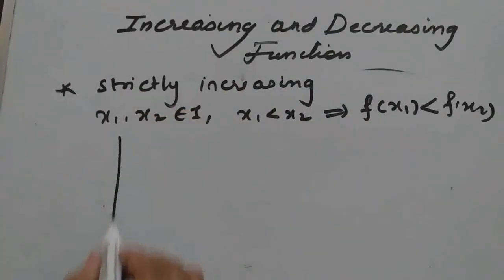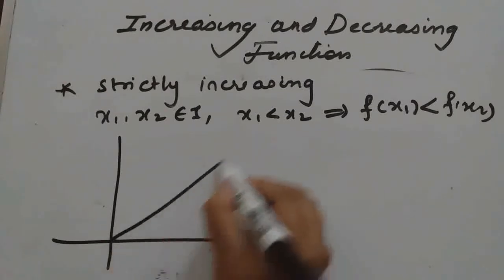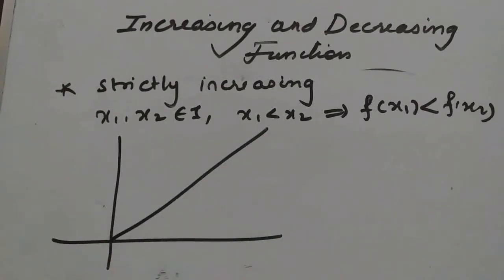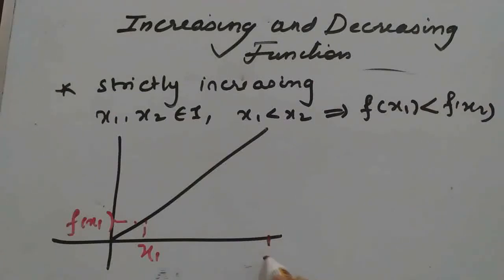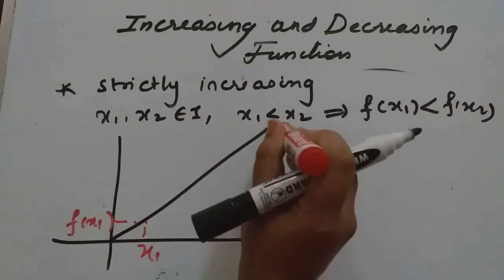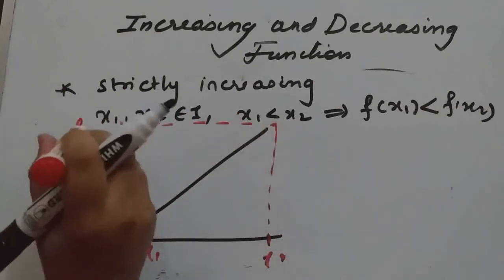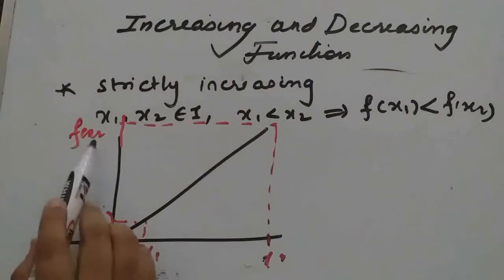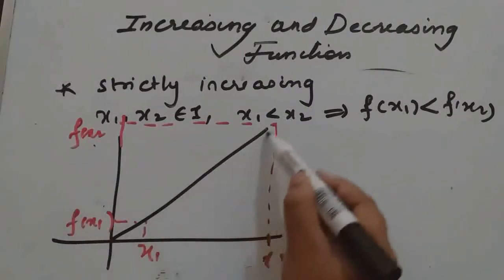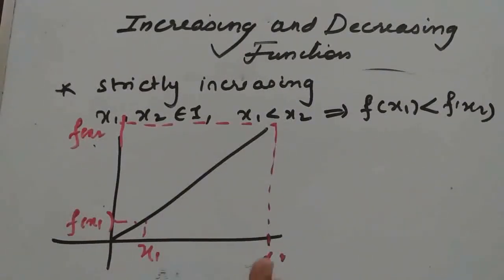So for this graph will work, okay? So you can take here x1 and x2 values. Suppose here x1, so the value will be f of x1, and here this one is x2, suppose, so the related value will be f of x2, okay? So clearly x1 is less than x2 and f of x1 is also less than f of x2, and there won't be a chance of equality. So this function is strictly increasing.